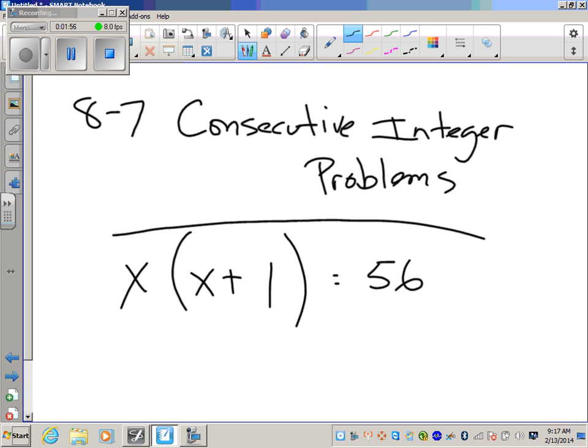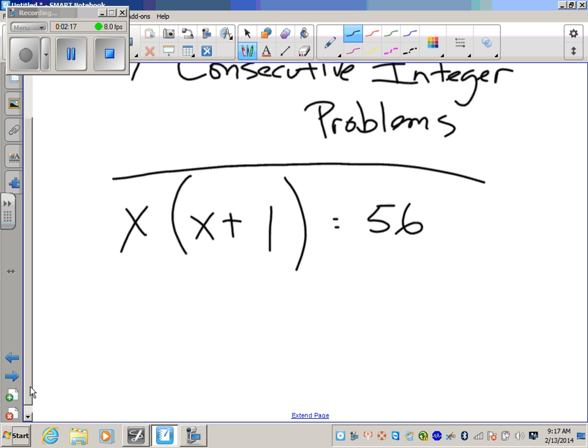Two consecutive integers whose product will be 56. Now you probably already know that the answers are going to be 7 and 8 because you know your multiplication tables. But there is a process that has to be followed here. Okay, so what we're going to do is first of all clean this up over on this end by using what property?